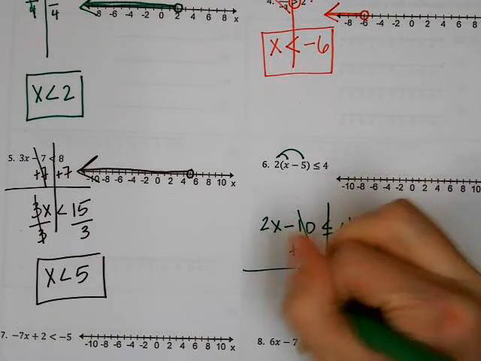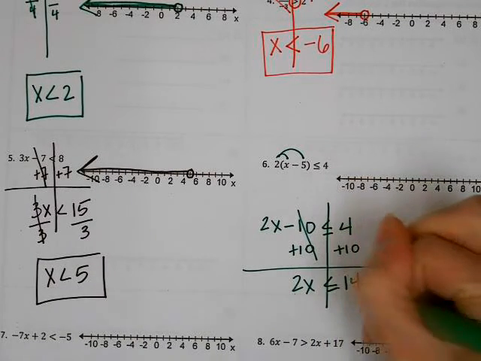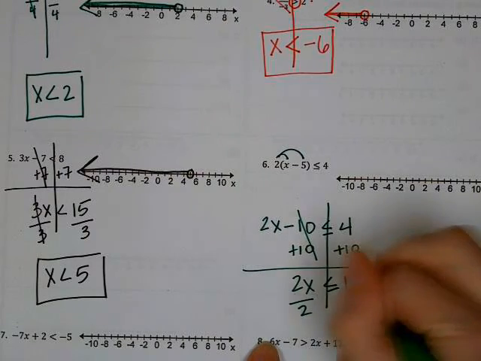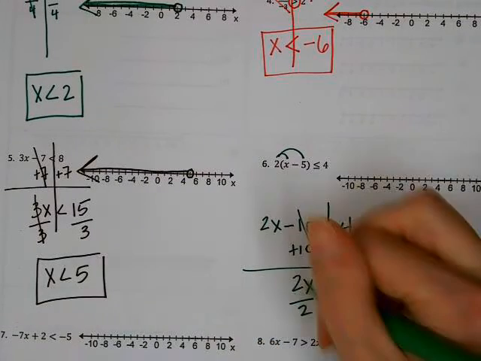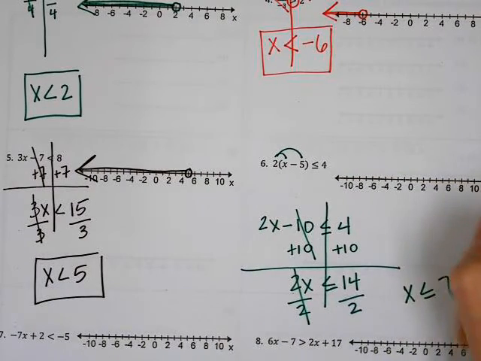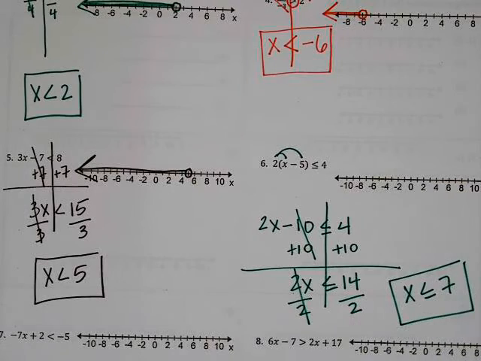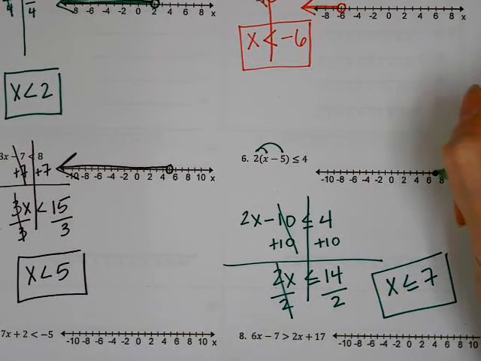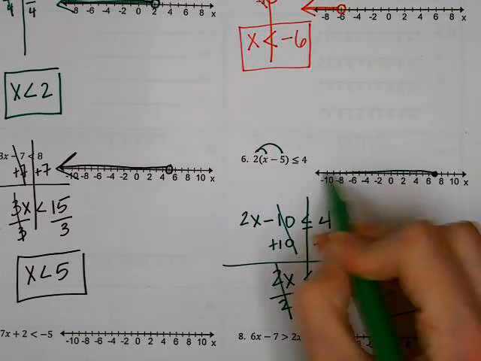And then you have 2x is less than or equal to 14. And then to undo multiplying by 2, we divide by 2. Okay, so these cancel. We have x is less than or equal to 7. Now, less than or equal to would mean a closed circle at 7, and the arrow goes left.